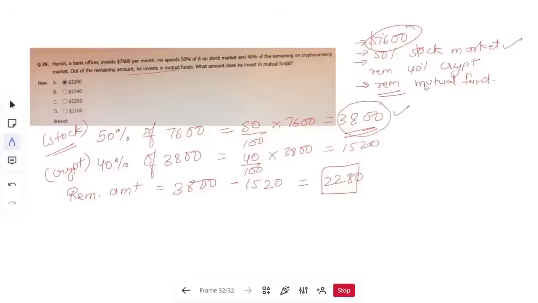We were left with 3,800, and out of that 40% he will invest in cryptocurrency, which means 1,520. So out of 3,800, once 1,520 is gone, we are left with 2,280. This is the amount he is left with, and he will invest all of this in the mutual fund. So the correct answer is going to be option A.